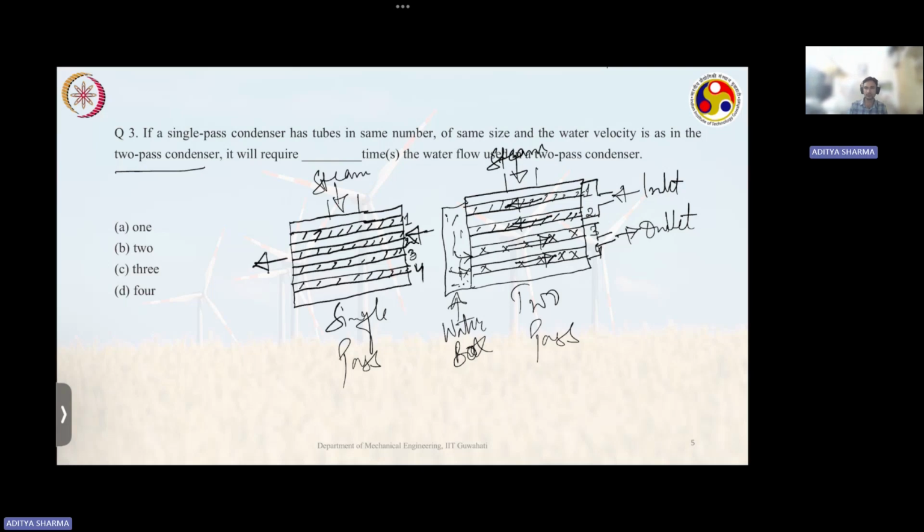Looking at these two figures, you can easily figure out that it will be two times, right? For single pass condenser, it will double. So this was your question number 3. B is the correct option. Now we will move on to next question.